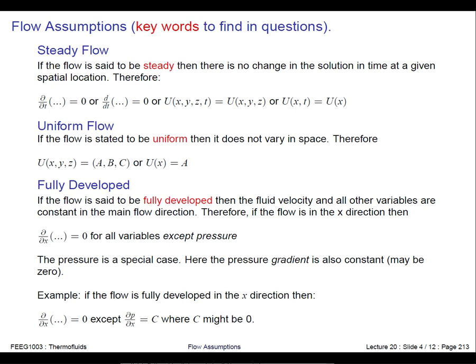And the final one is something called fully developed. So this is where, let's say we have a pipe and we have flow going down a pipe, and if the flow is said to be fully developed, what that means is that if I do my calculations at some point x, or if I do my calculations at some point 2x or 3x or 4x, it doesn't make any difference.